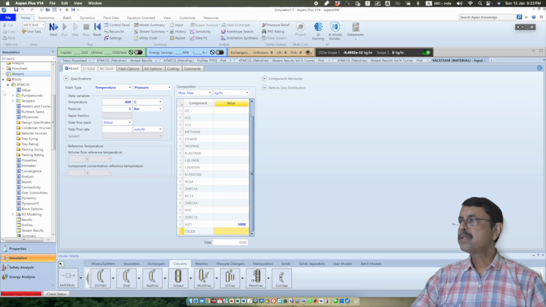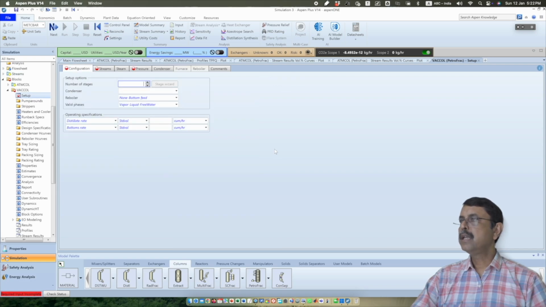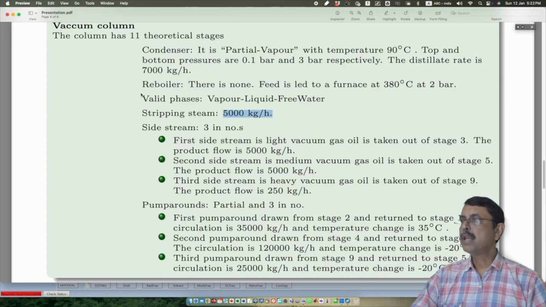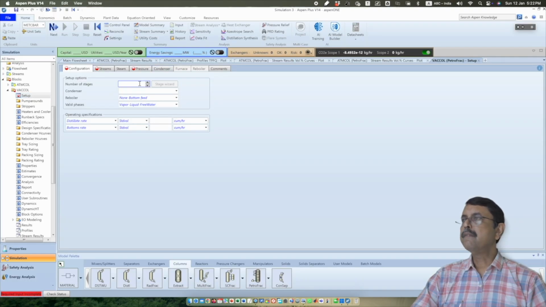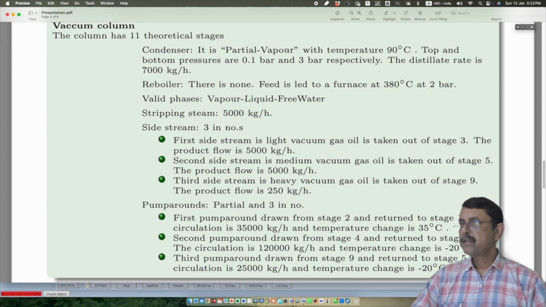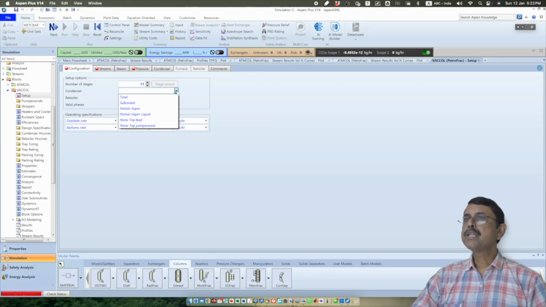Okay, so all the stream informations are there, and we have to provide the information of the vacuum column. Number of stages, it will be 11, right? 11 theoretical stages. Condenser will be partial vapor, so it should be partial vapor.